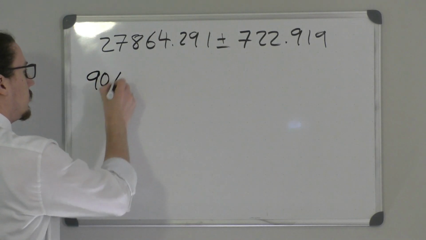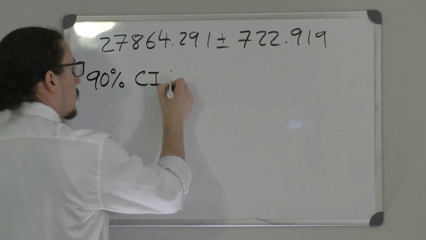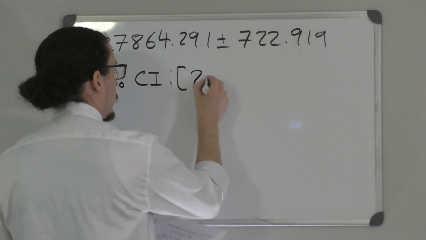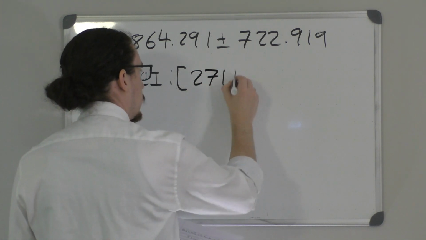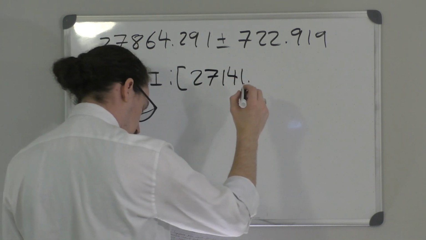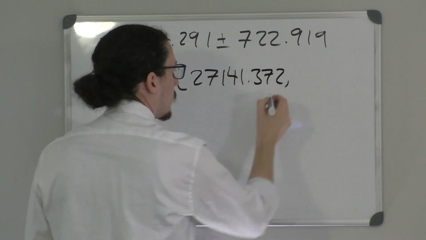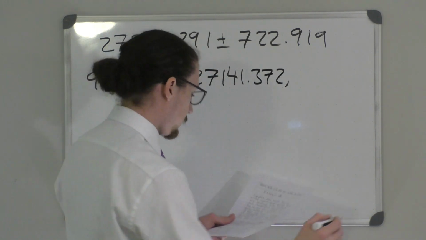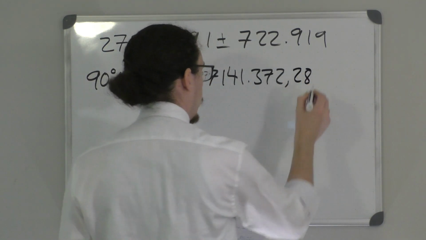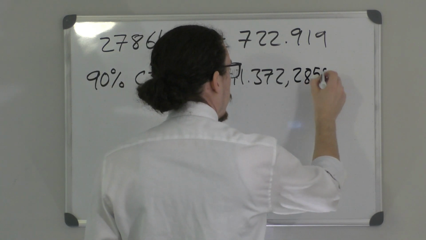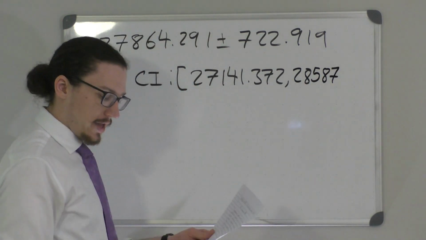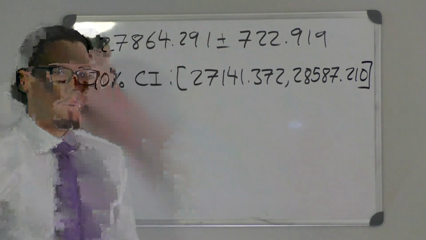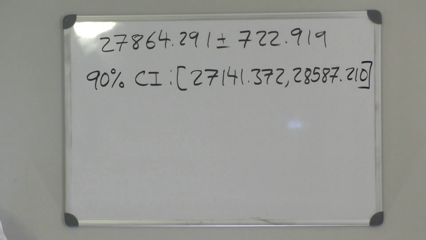So then we will have our interval estimate. The 90% confidence interval will be 27,141.372 for our lower boundary, and 28,587.210 for our upper boundary.